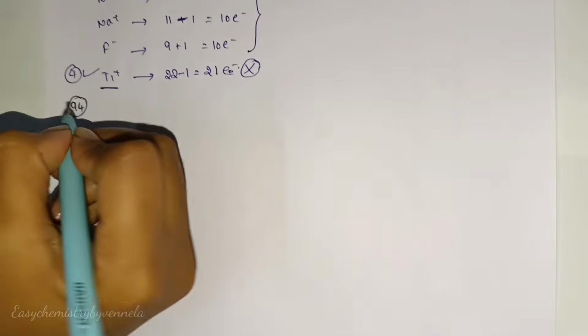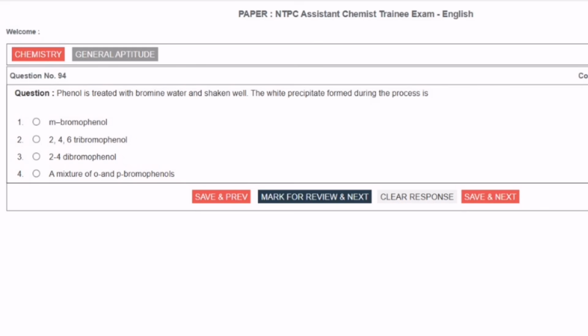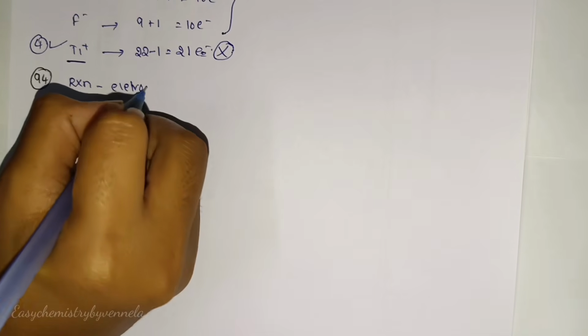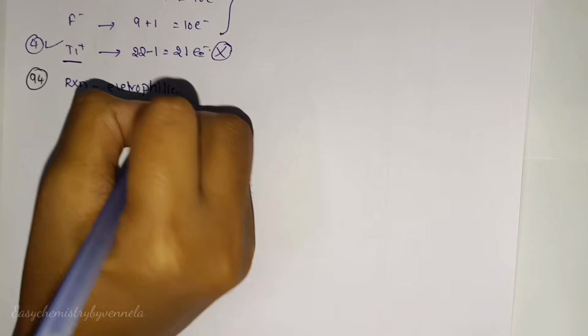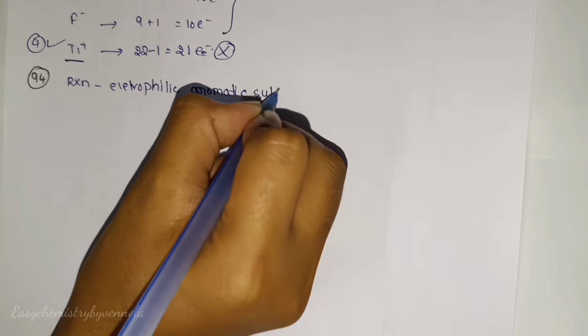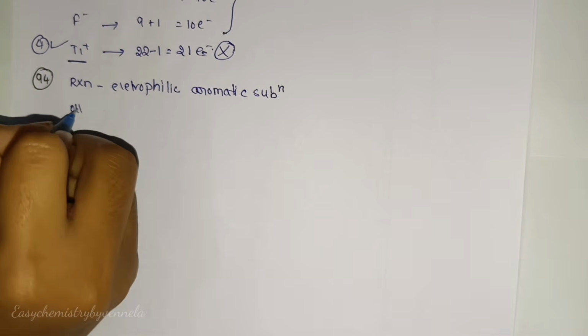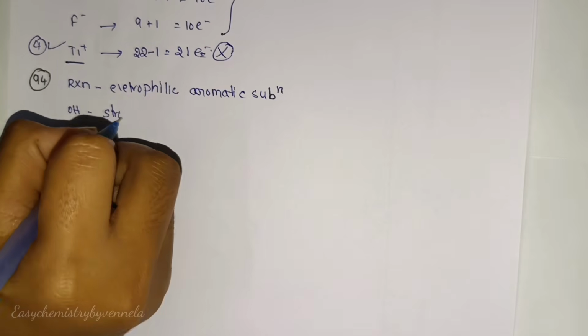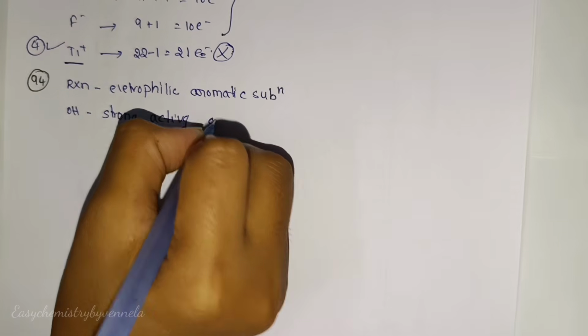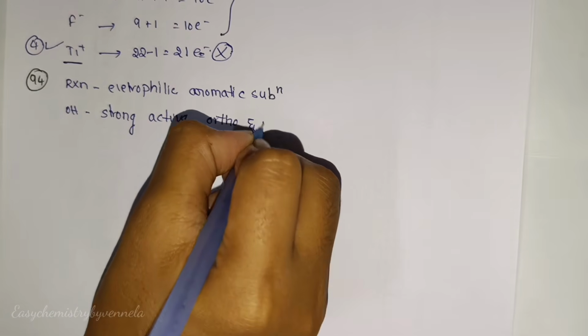Next question. Phenol is treated with bromine water and shaken well. The white precipitate formed during the process is? First of all, this reaction is electrophilic aromatic substitution. Here OH acts as a strong activating group at ortho and para positions.